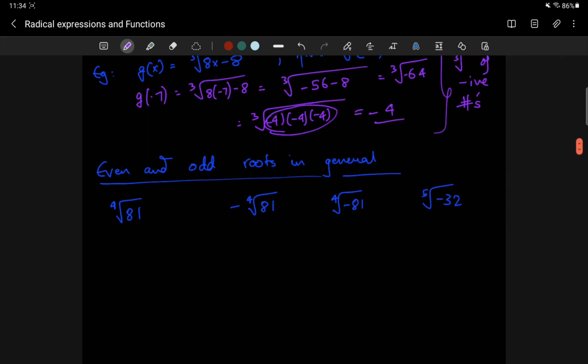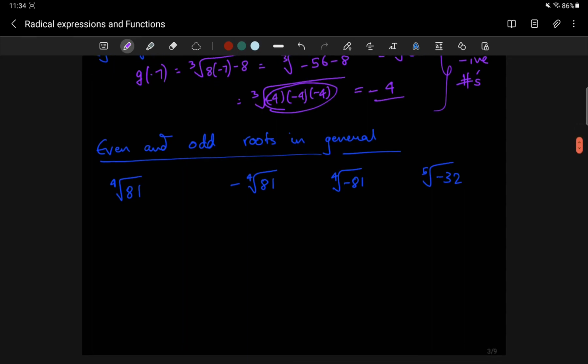Okay, and this is not special to the numbers 2 and 3. This happens because 2 is even and 3 is odd. Right, so for example, if I'm taking the 4th root of 81, I'm looking for 4 copies. So that's 3 times 3 times 3 times 3, and that comes out to be 3.